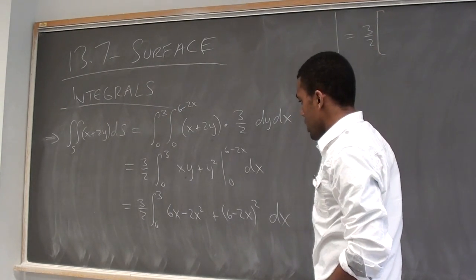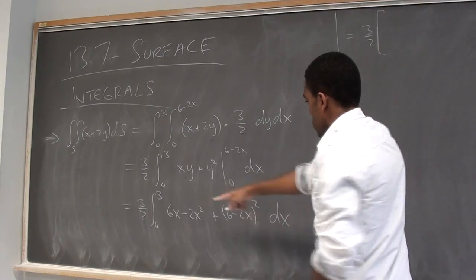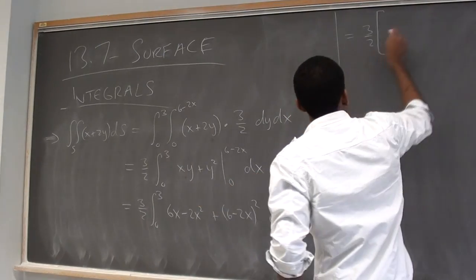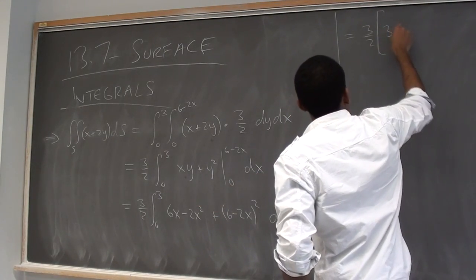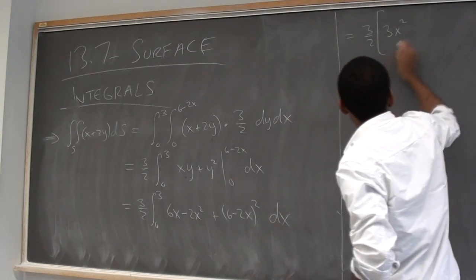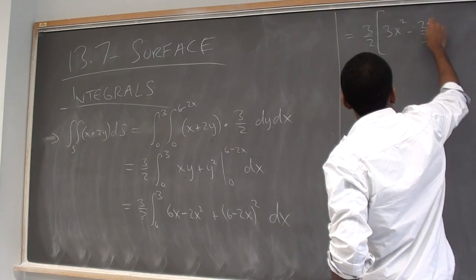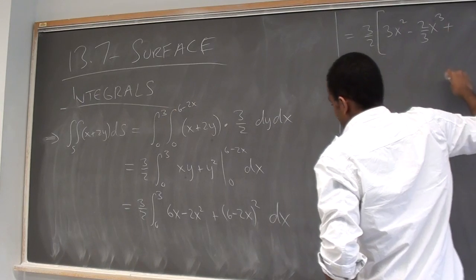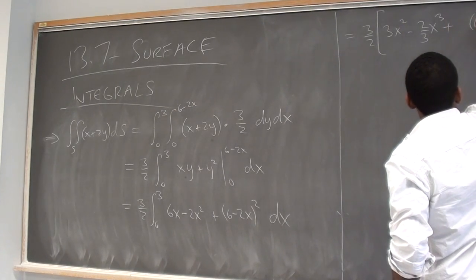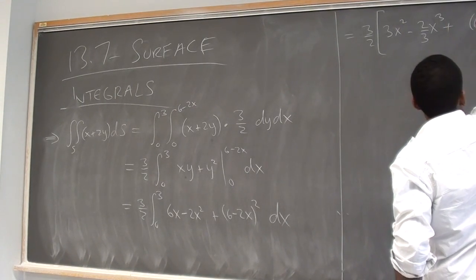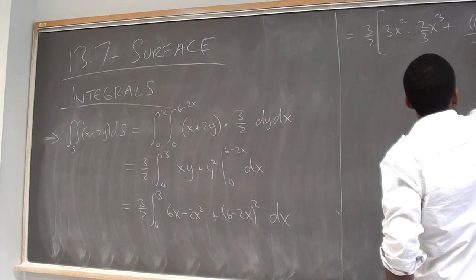But if you want to integrate this, what I can do is just, this would be what, 3x squared, minus 2/3 x cubed, plus (6 minus 2x) cubed over minus 6.